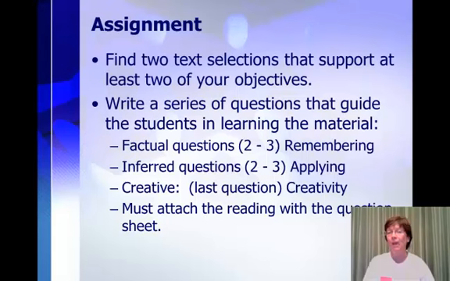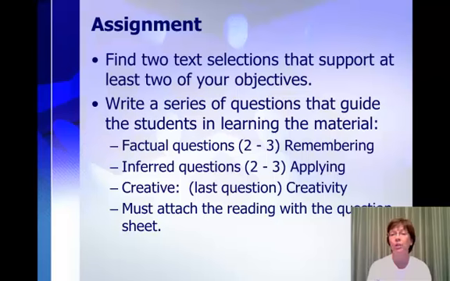So your assignment, I gave you a heads up a couple of weeks ago to find 2 text selections that support at least 2 of the objectives that you just had approved. And then you're to write a series of questions that guide the students in learning the material.